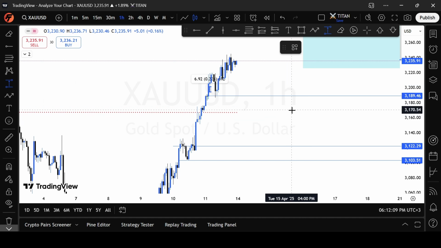Now we have gone from the top-down analysis, the establishment of the true trend, and the framing of the trade, and now we're going to execution. The first part of execution is knowing the entry point and the target.